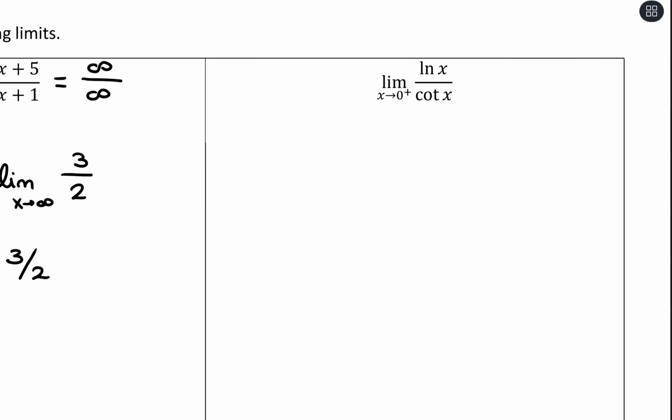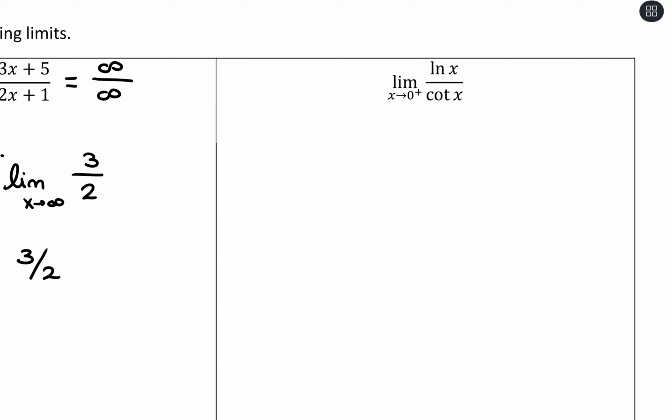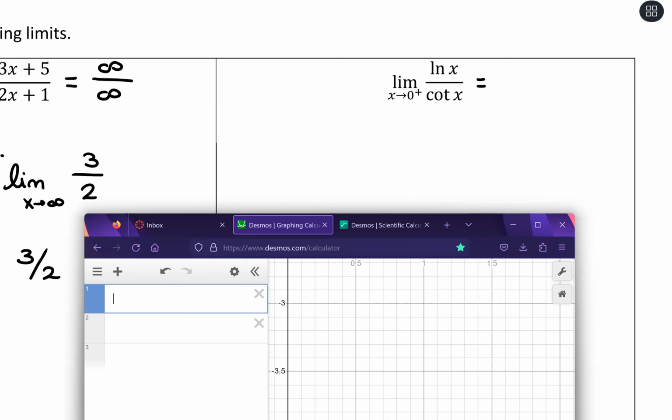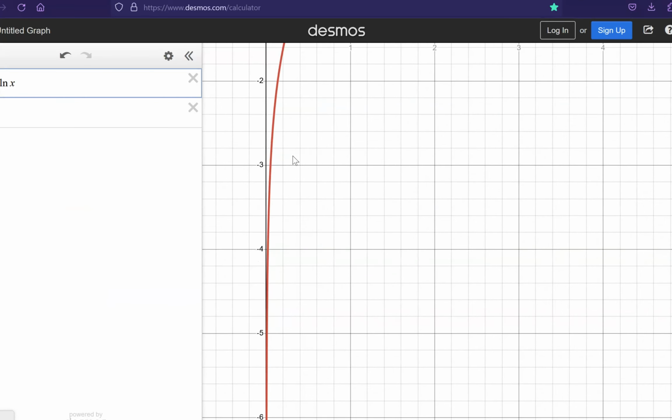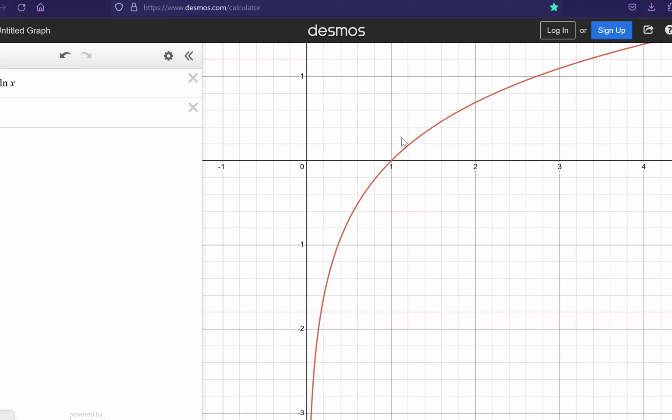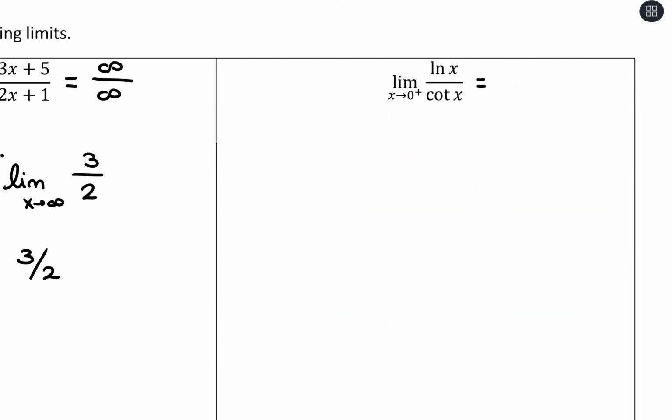Okay, with this one, we're evaluating the limit as x approaches 0 from the right. And to know that these limits are going to infinity, let's just take a look at the graphs. So let's just graph natural log of x. If I'm approaching 0 from the right-hand side, what we can see is approaching 0 from the right, we're going down off to negative infinity.